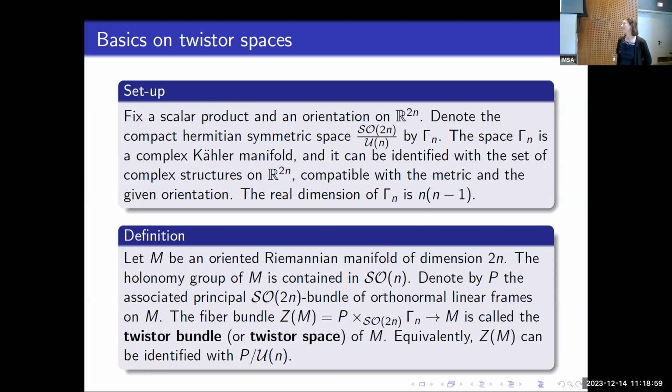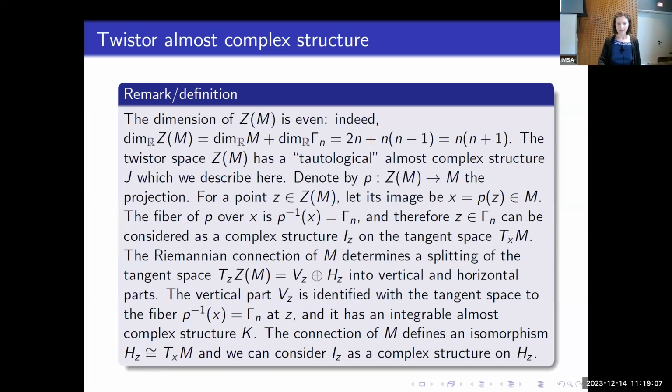So then this Twistor space is the fibration over M with fibers Γ_n. So it is of even dimension, and it has a tautological twisted almost complex structure.